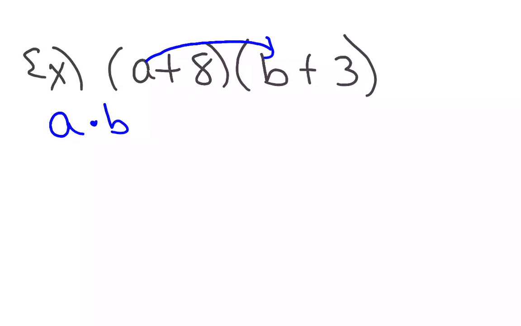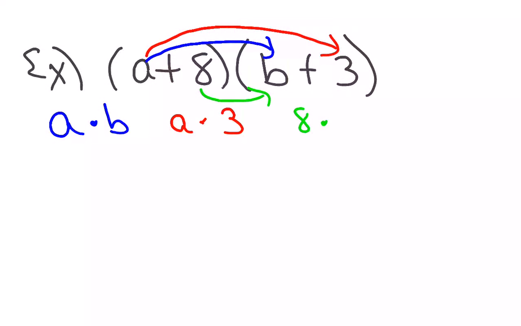We are going to multiply our outer, which is a times 3. We're going to multiply our inner, which is 8 times b. And we're going to multiply our last, which is 8 times 3.